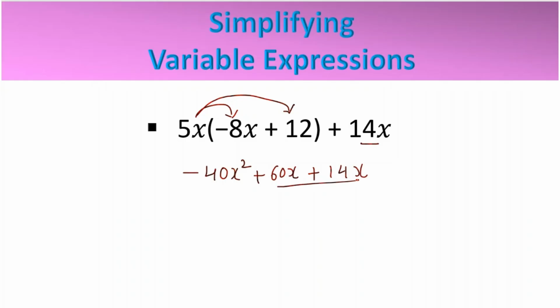Now let us regroup the like terms. Since both of them are positive, we can add them. 60x plus 14x gives 74x, plus negative 40x squared comes as it is. Thus, the simplified form for the given expression is negative 40x squared plus 74x.